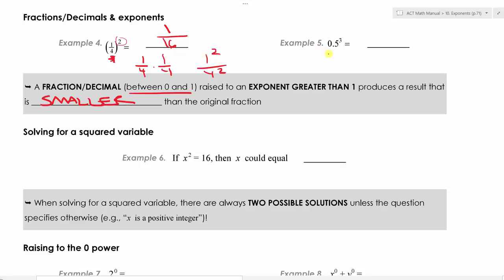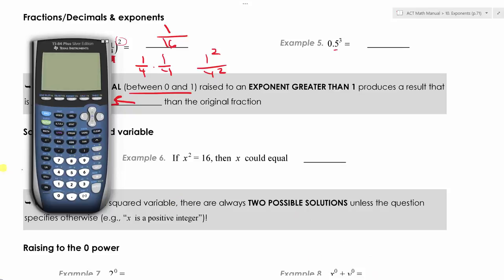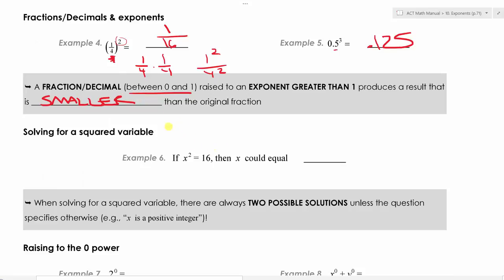Over here on the right, same sort of thing with decimals between 0 and 1. 0.5 cubed, we are going to do that in the calculator. 0.5 cubed, and look what we get, 0.125. So again, we're getting a result that is smaller than the original decimal.